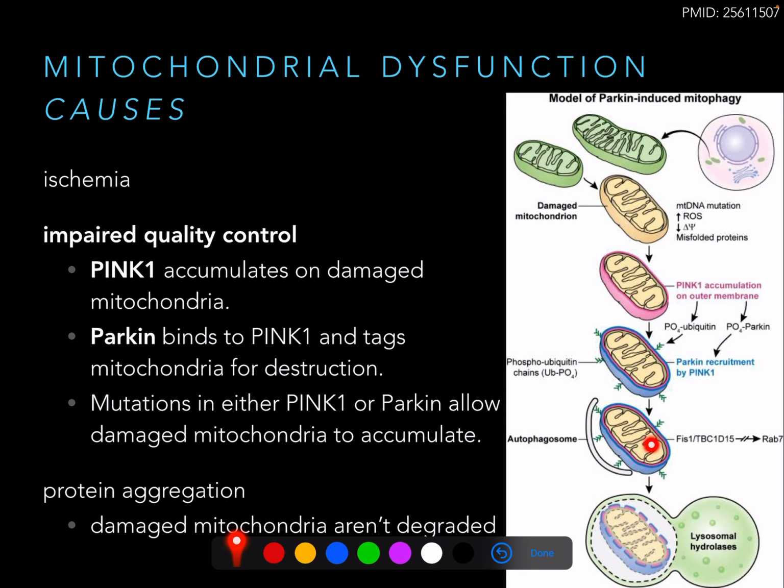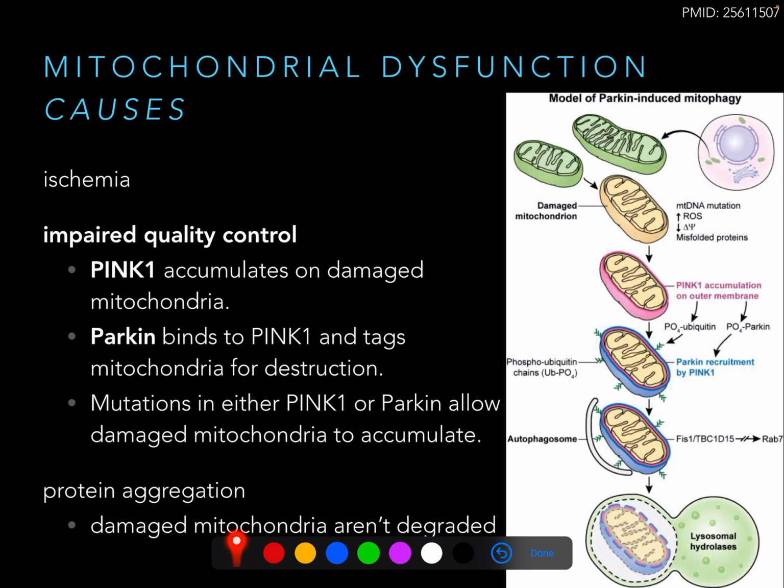So we then load that mitochondrion into a lysosome and break it down before it gets leaky and kills the cell. Mutations in PINK1 and parkin allow those damaged mitochondria to accumulate, and these are associated with an increased risk of Parkinson's disease. So we'll revisit these later.